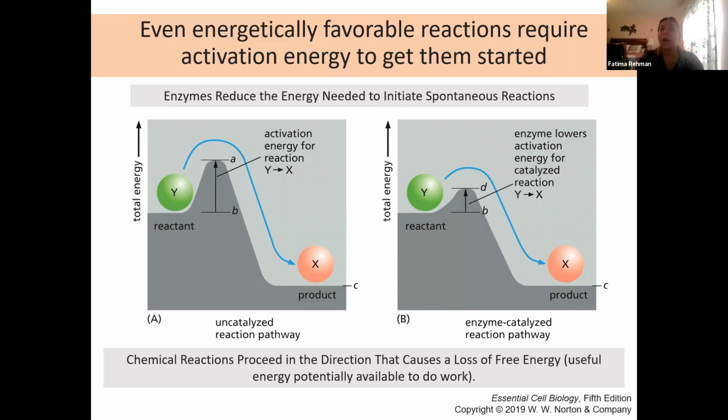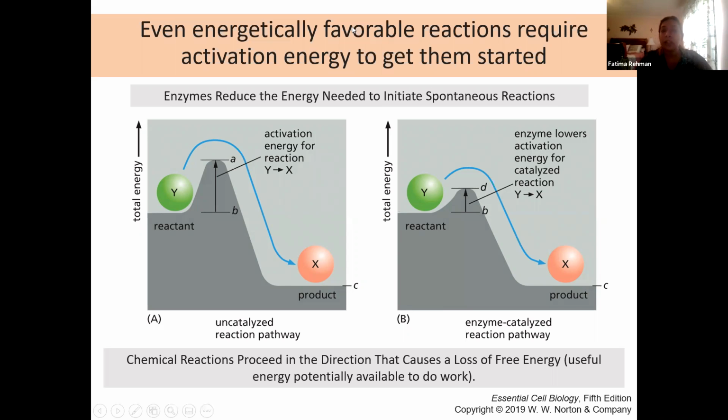An enzyme can only help a reaction that would have occurred spontaneously had it been provided the right environment or temperature. It cannot help proceed a reaction that wouldn't have occurred spontaneously.